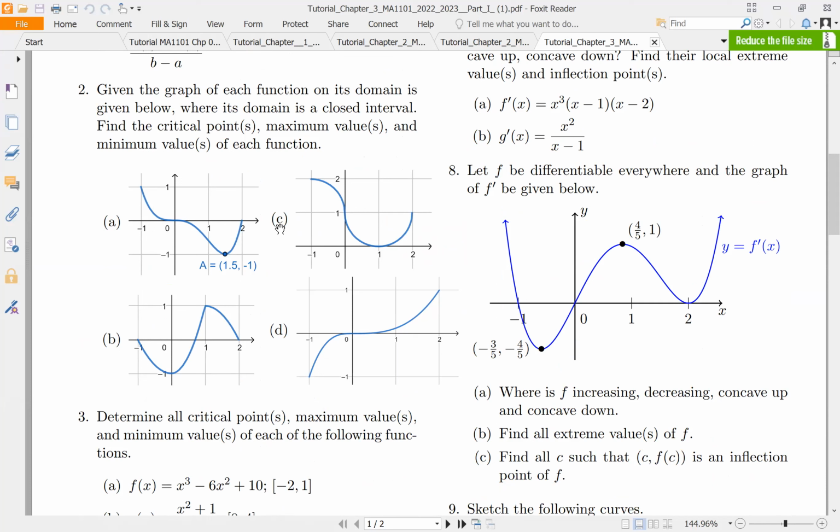Here, the formula of the function is not given, but the graph is given. Then you have to know the boundary points, the stationary points, or the singular points, as well as the minimum and maximum values. Okay, so that's pretty basic.